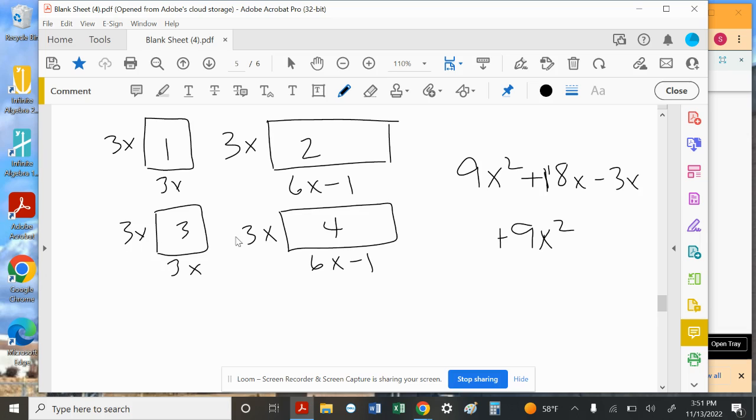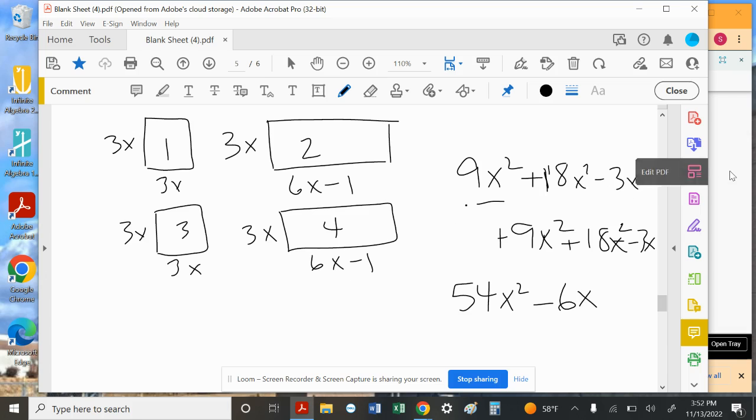And then we have another 18x squared minus 3x. And then we want to do is add all those up. So we have 9x squared plus 18x squared, which is 27x squared, and another 27x squared, which is 54x squared, and then minus 6x.